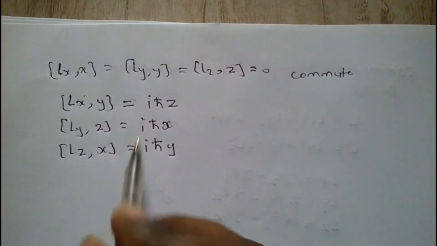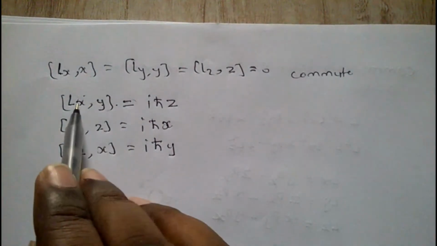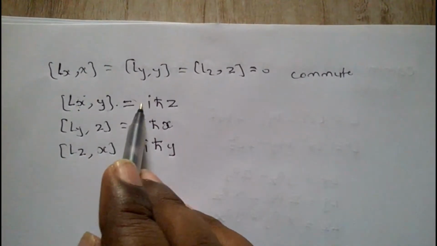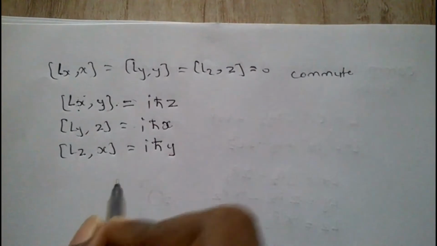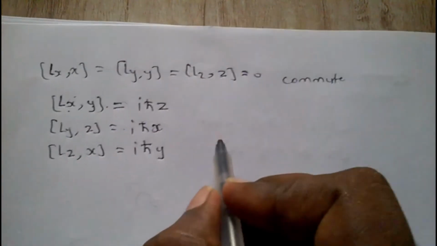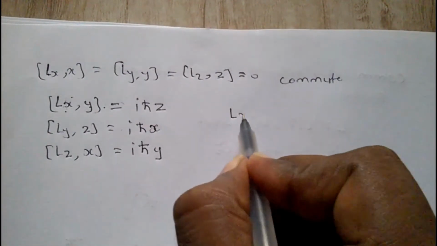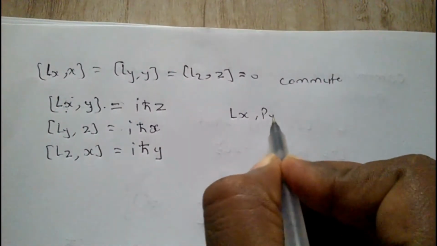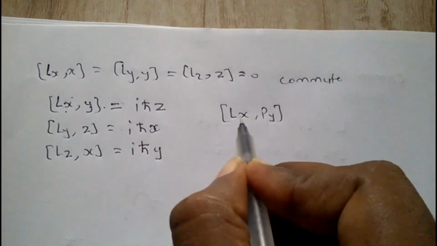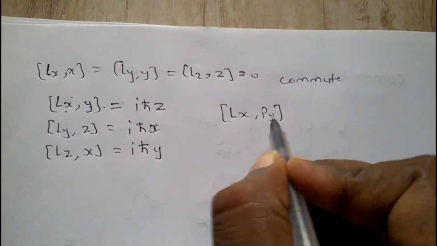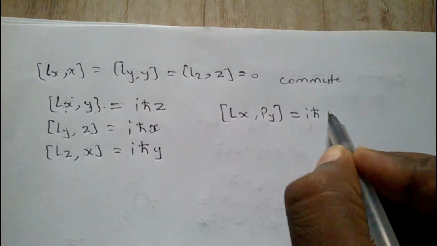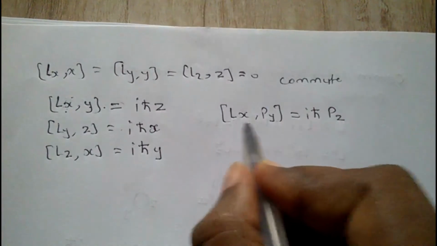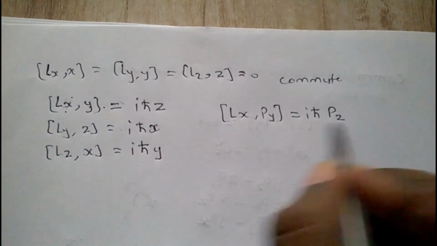And if we change the position, there will be a minus, like this. Now for next, Lx Ly... Lx Py means angular momentum and linear momentum. We have a value: i h cross Pz, meaning Lx Ly Pz.